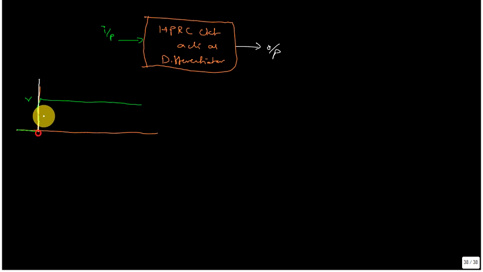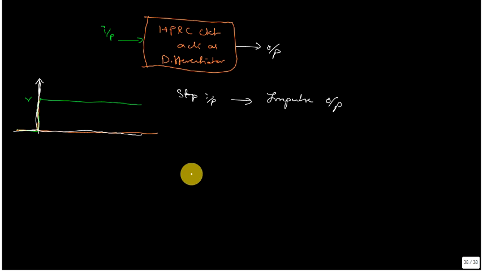Ideally, the output is 0, and after this also the output is 0, where you are going to get the impulse. So for a step signal, if you are applying a step input, then the output is an impulse output.